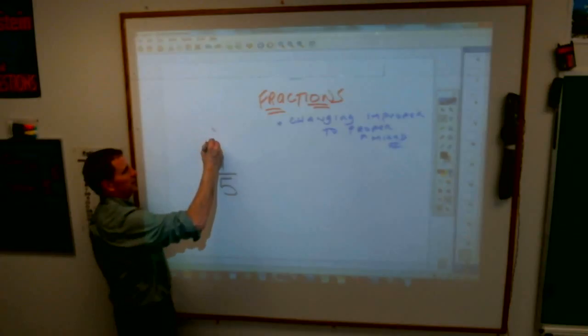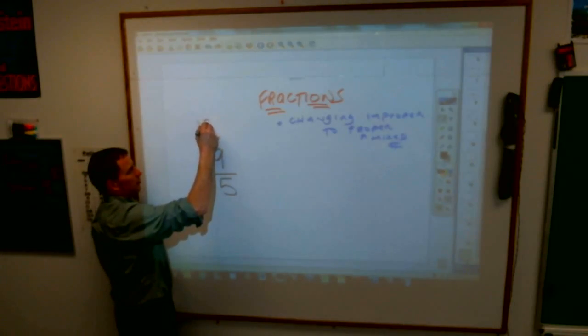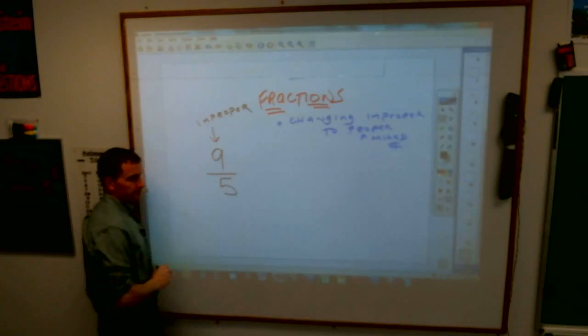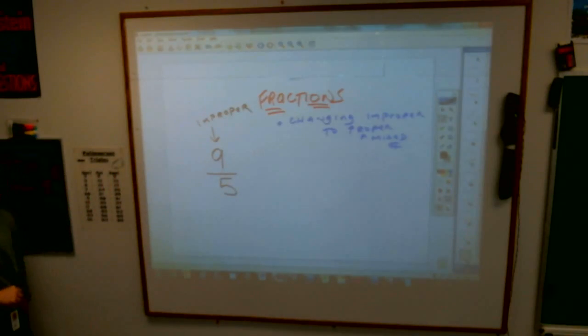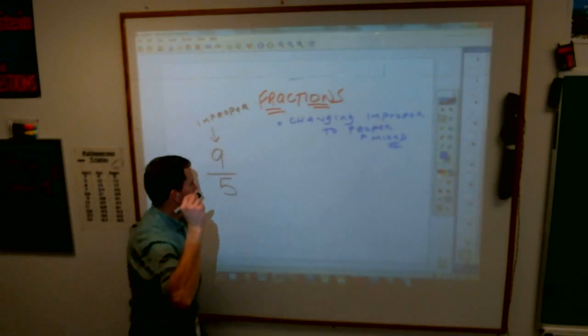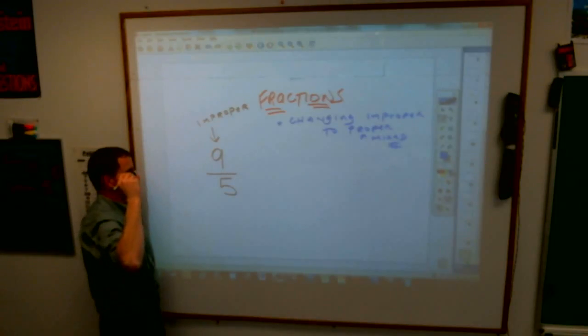This is an example of an improper fraction. What is it that makes a fraction improper? Can you tell what's wrong with that fraction? Chase? The denominator is 5, and the numerator is 9, and 9 is bigger than 5. Exactly.